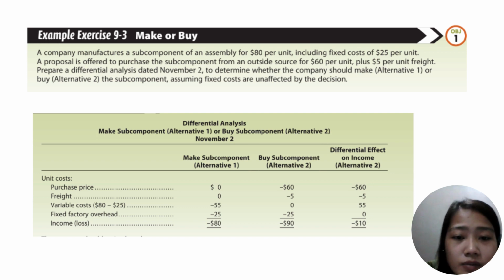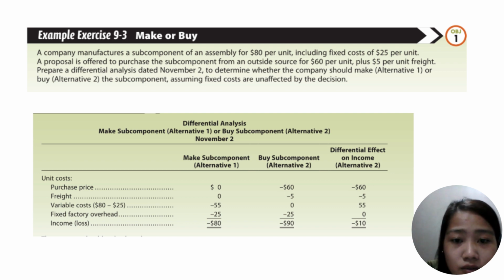So for alternative number two, to buy the subcomponent, we have $60 per unit since we will be purchasing from an outside source company. So we also add up the freight cost, which is $5 per unit, and the fixed factory overhead, which is $25 per unit.